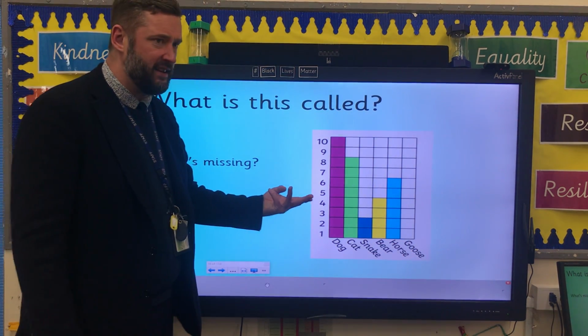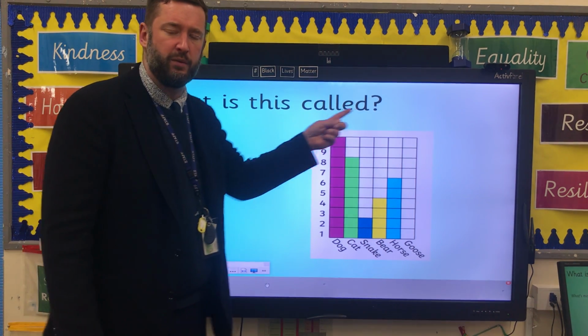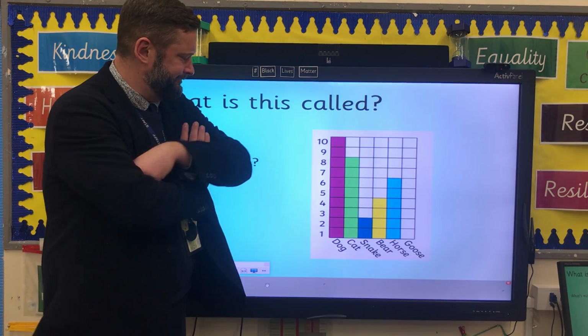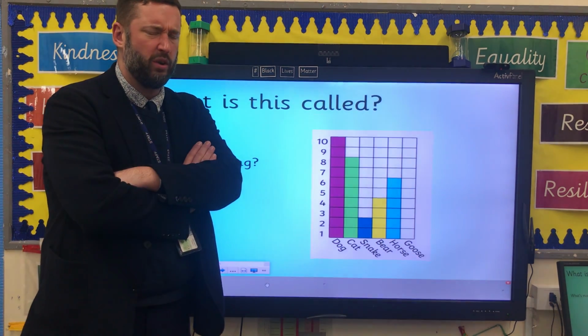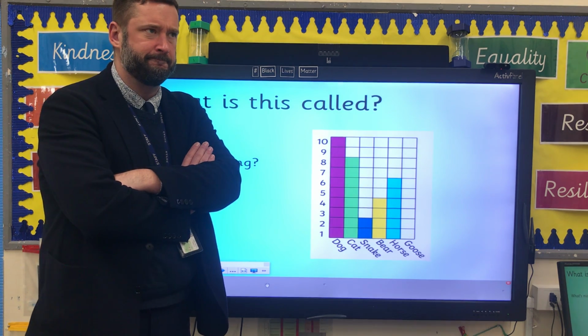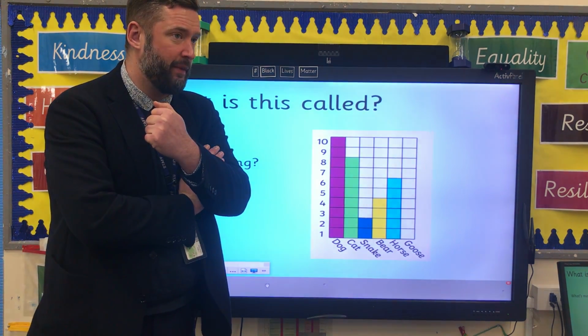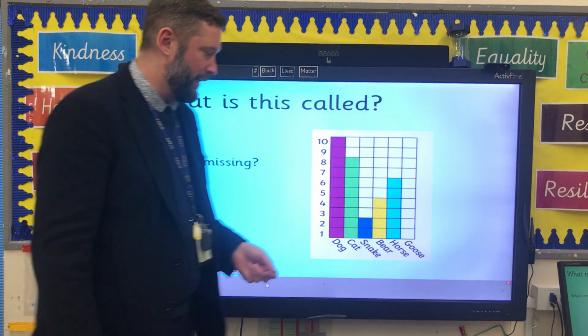But what's missing? There's no title to tell us what the information's about. It's got animals here, so what could our title be? It could be Animals in the Zoo. Well done.